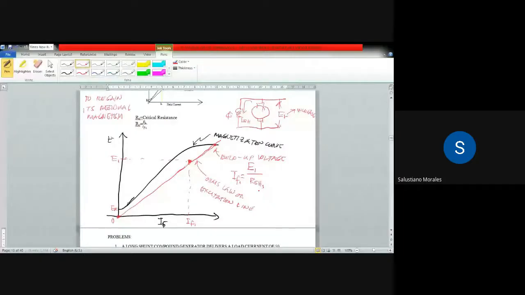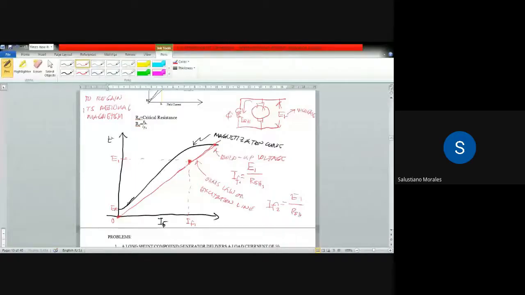So what will happen is, for the same voltage E1, meron tayong IF2 for another value of resistance of the field, maybe RSH2, such that RSH2 is greater than the value of the shunt field resistance at condition 1.